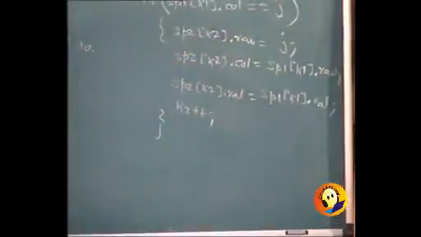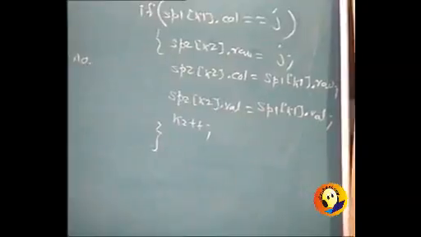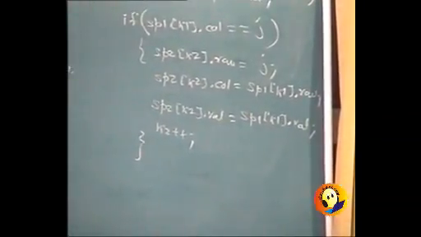K1 is already being incremented. So for j equal to 0 it will go through fully and will copy only column 0 elements. Then j equal to 1 it will again traverse, j equal to 2 it will again traverse.